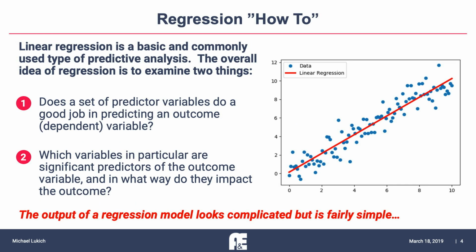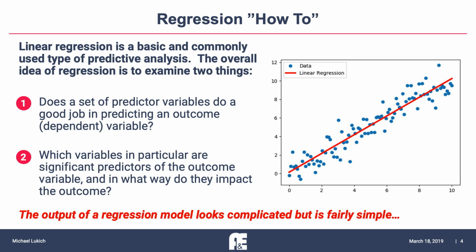So just again, a quick regression how-to. For those of you who are not familiar, linear regression is a basic type of predictive analysis, and it's probably the first type of predictive analysis that any data scientist learns. It's fairly commonly used, and the overall idea of linear regression is to examine two things.